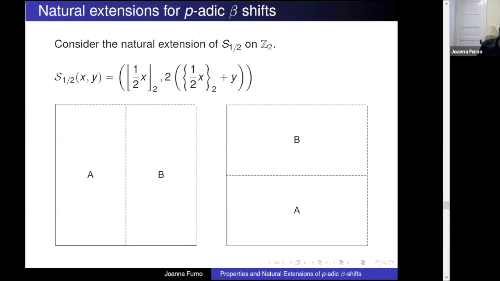All right. And so again, what's the picture of what's going on if you're thinking on Z2? Now, again, don't take the line too seriously, literally. Think of this as the ball in Z2 of things that start with zeros. And this is the ball in Z2 of things that start with ones.